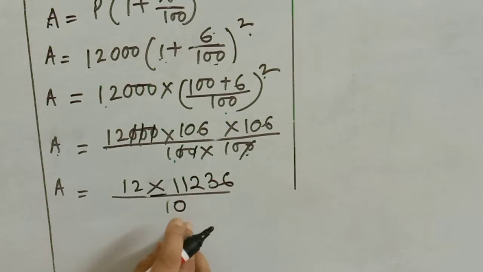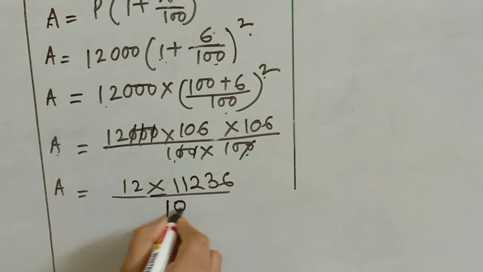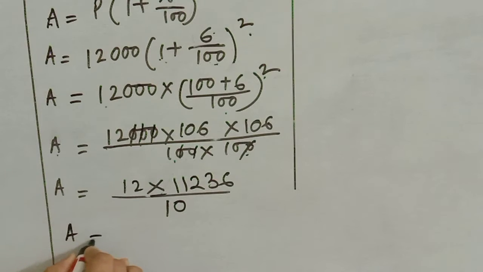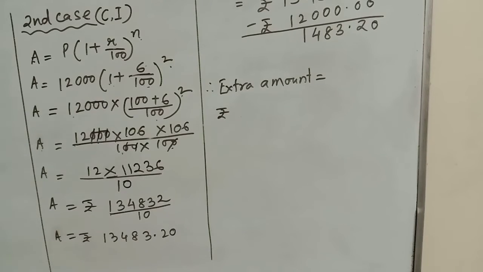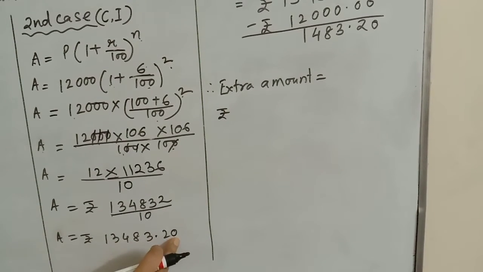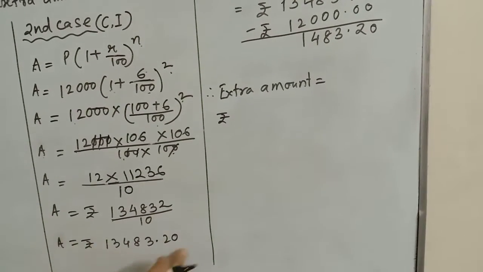Again you multiply, and this 10 you can use to put the decimal point. Now multiply these two numbers and you will get 134832 by 10, divided as put the decimal after one place, and as it is rupees and paisa, so 13483.20.